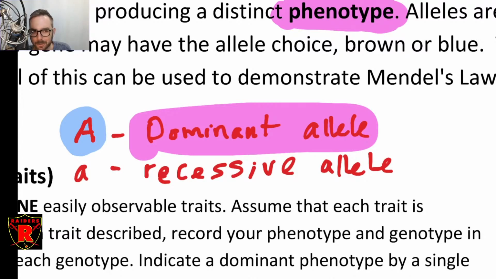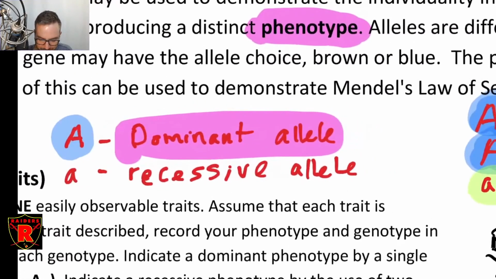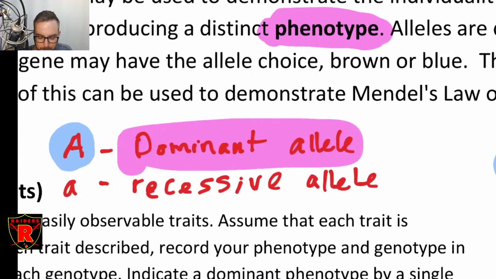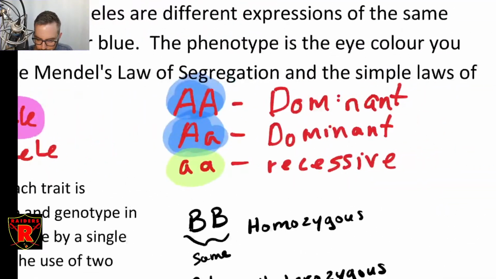So I would avoid that if you can. But the textbook doesn't, so just deal with it, I guess. Even in some of these examples here, they did do it, and I didn't make this list. But anyway, dominant is shown with a capital, and recessive is shown with a small letter.